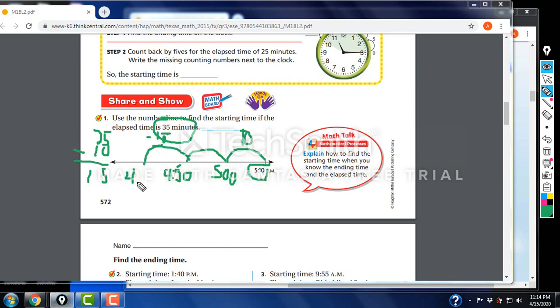I'm at 4:40. Subtract 10. I need to go back another 5, and another 5, and that's 4:35. So 5 plus 15 plus 10 is 35. Does that make sense?